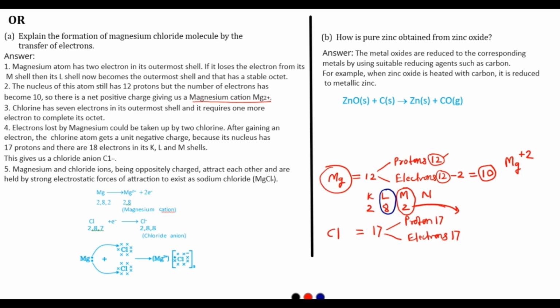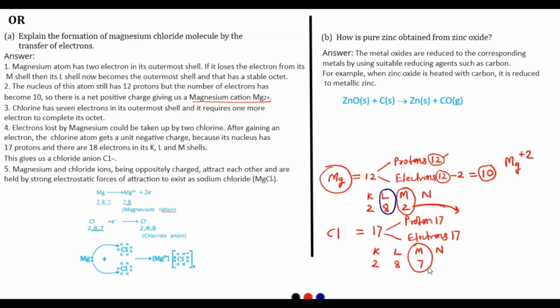If we write the electronic configuration K, L, M and N, it will be 2, 8 and 7. So M is the outermost shell, which has 7 electrons, and to complete the octet it requires 1 electron.